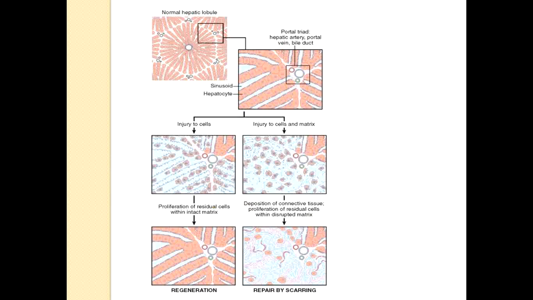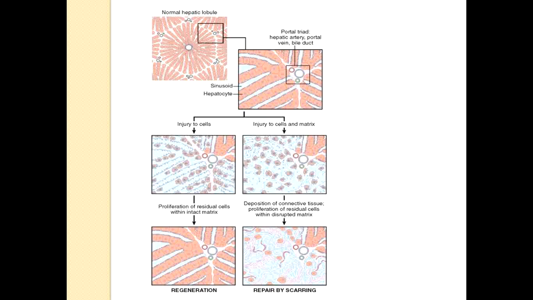This slide shows the importance of intact cellular matrix after an injury, and the role of extracellular matrix in regeneration and repair. Whenever injury to a tissue causes loss of the matrix, the damage will be repaired by fibrosis.